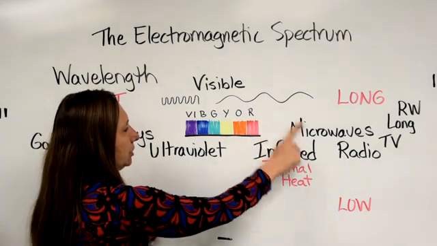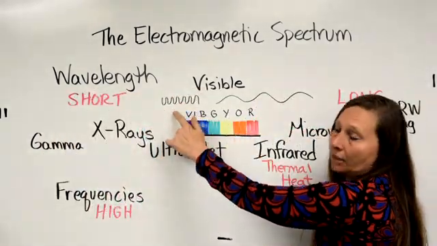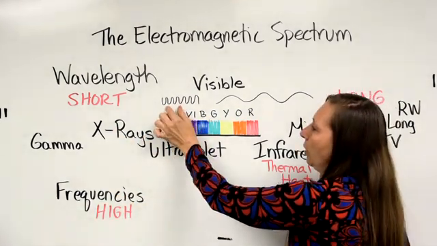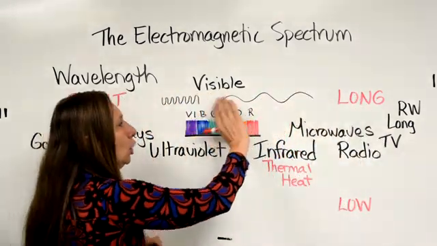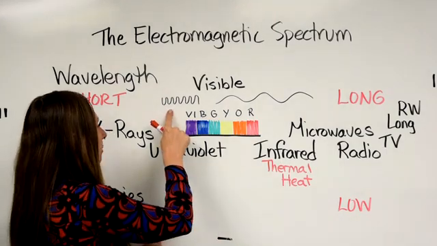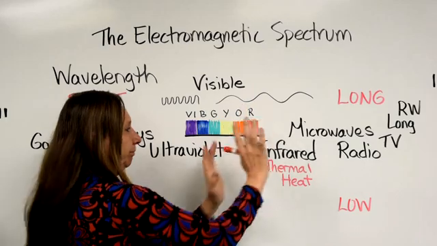They look like this. The dangerous kind of light looks like that. This is just a little picture of a short wavelength with a high frequency. This is a little picture of a long wavelength with a low frequency. Dangerous, bad. Safe, good.